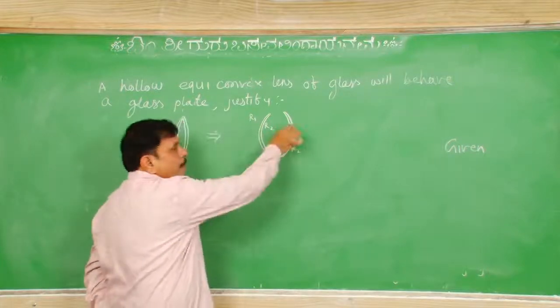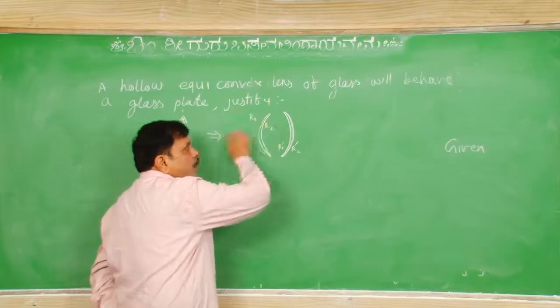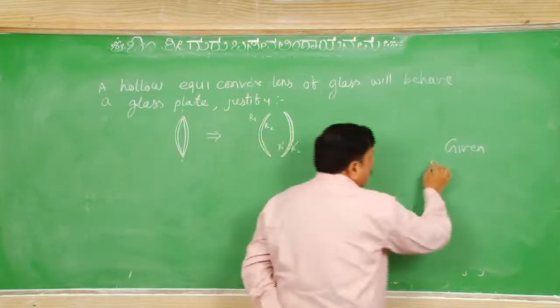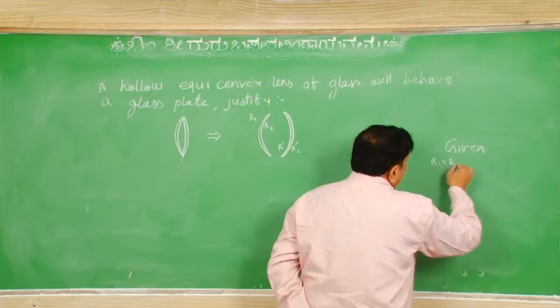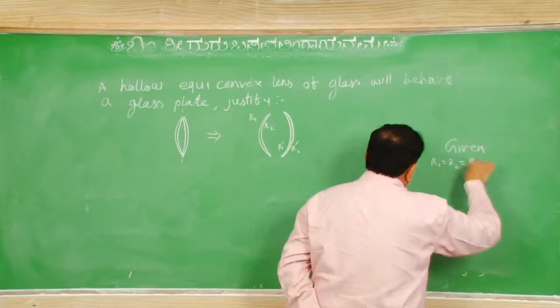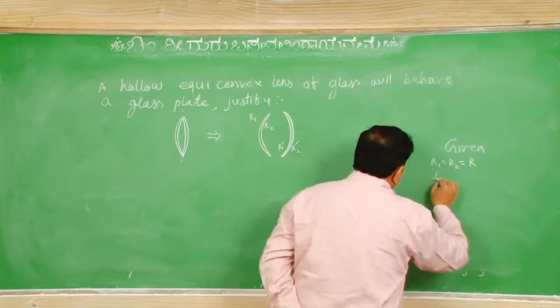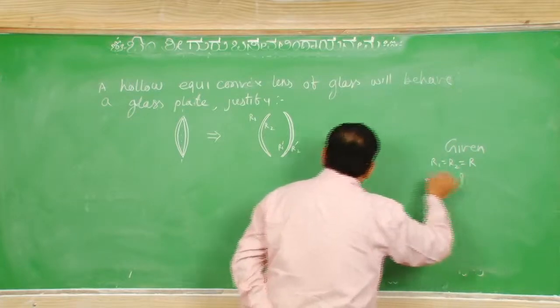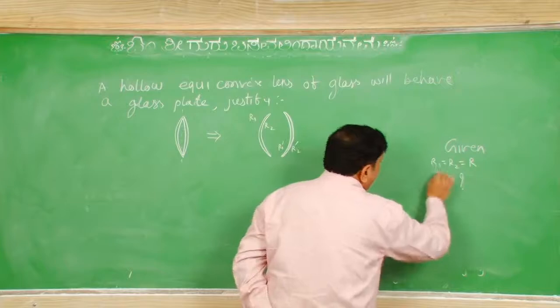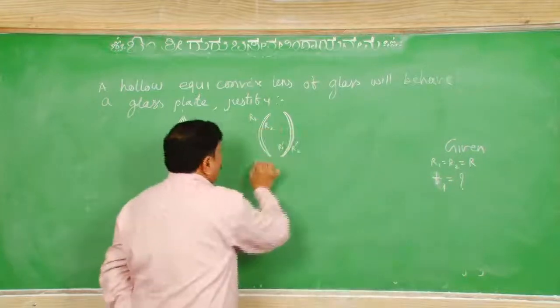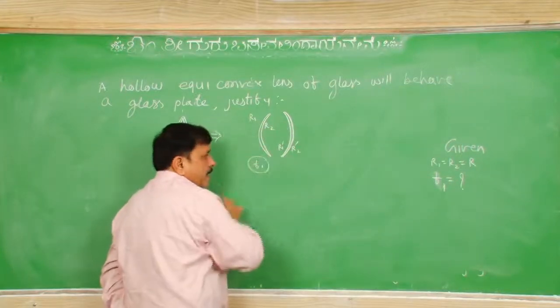Now your ray will be incident like this. R1 and R2 are both on that side. So we get R1 equal to R2 equal to R, plus R. And we'll find out F1 for this particular lens, the first lens.